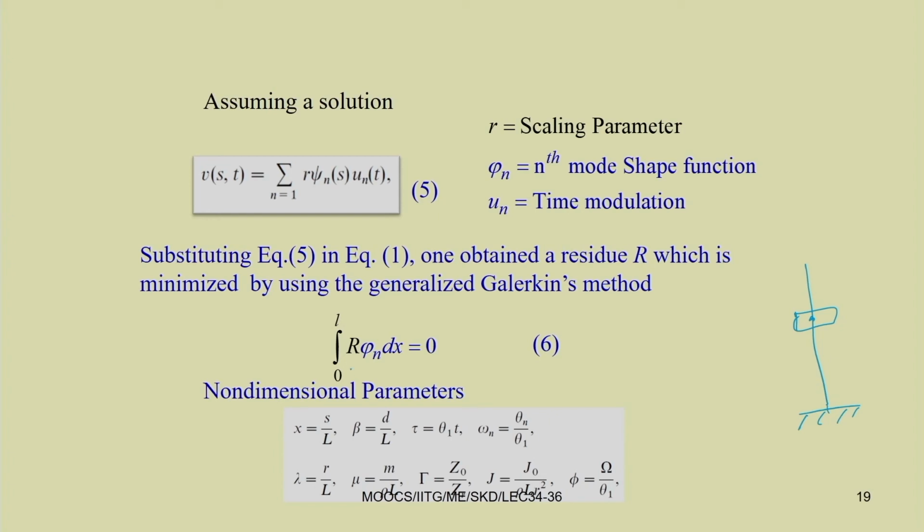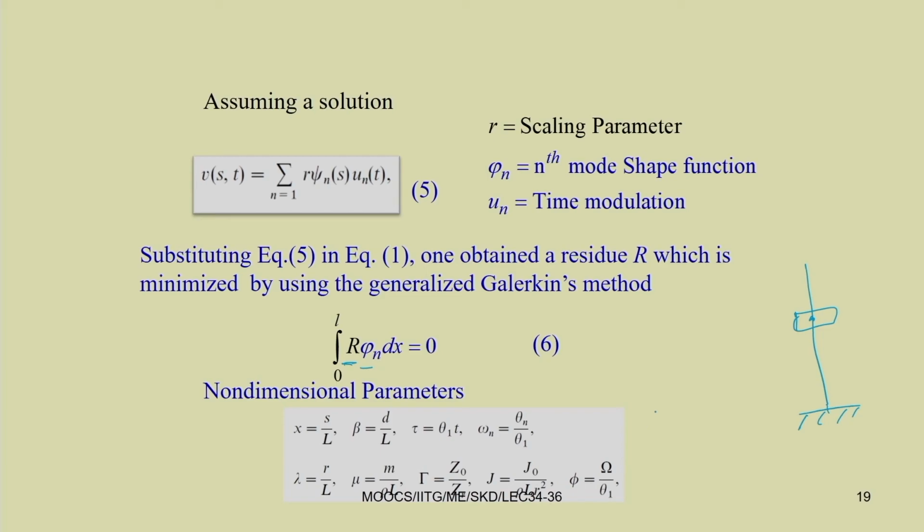This residue is retained in terms of r because the equation will not be equal to 0. In this residue we multiply the weight function, so here psi n is taken as the weight function also, integrate it over the length of the beam, and equate it to 0, because we want to minimize this residue. So we know r psi n dx equal to 0.